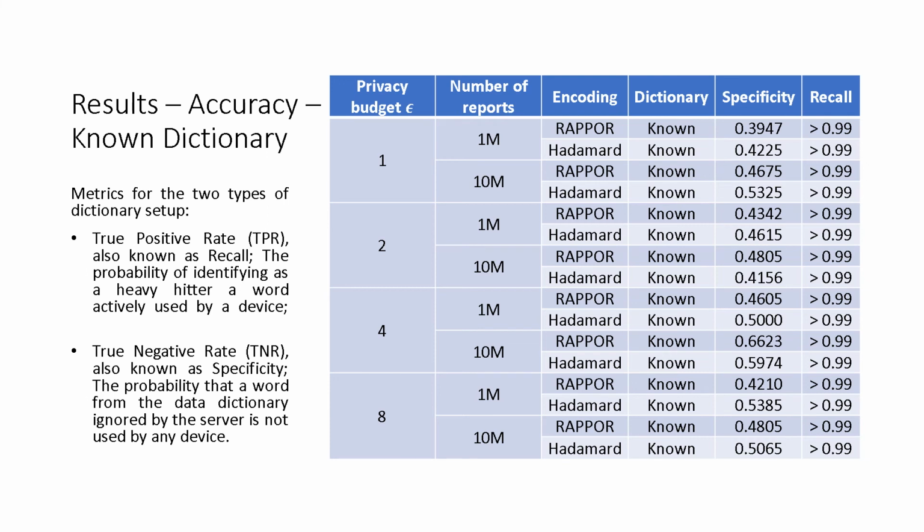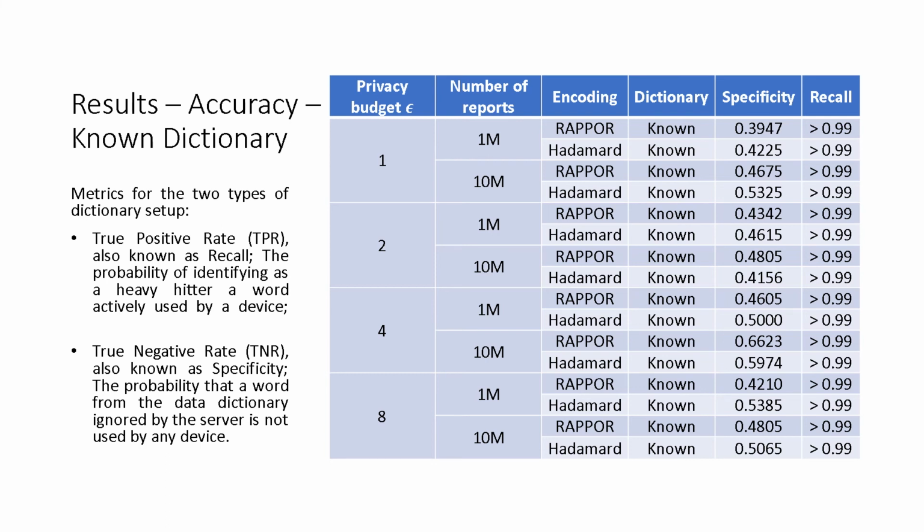Specificity measures the other way around. If a string from the data dictionary was pointed as not being used by any device, how often is this correct?